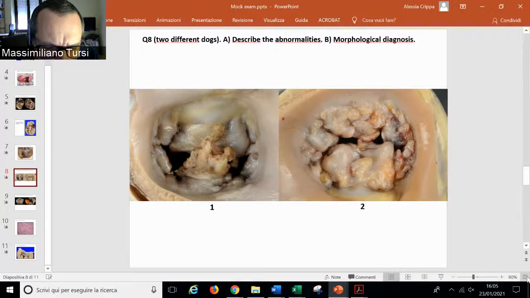Because if there is a thickening, it's because there is accumulation of something. In this kind of lesion, in myxomatous degeneration, there is a new entity, and that's the myxomatous tissue. But where is the myxomatous tissue? It is not in the endocardial layer, it is in the middle of the leaflet.